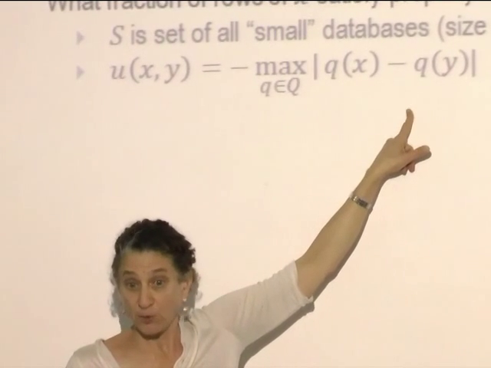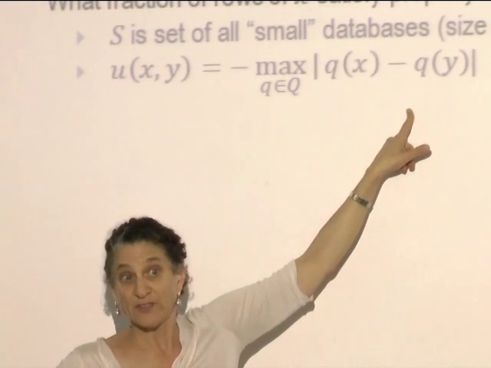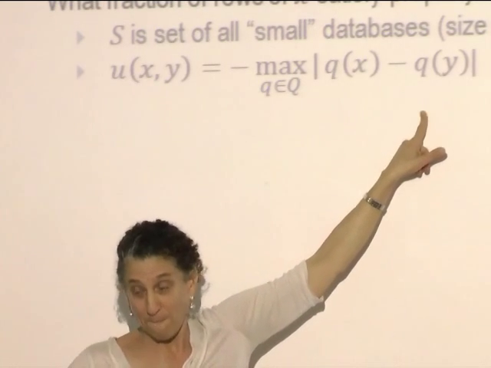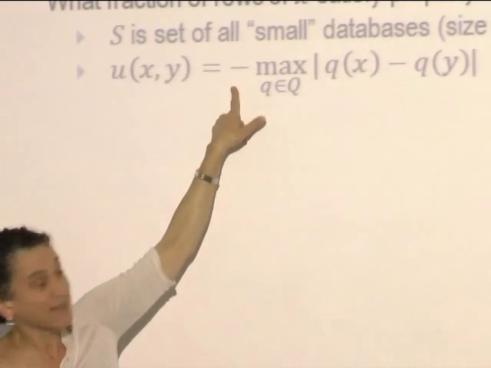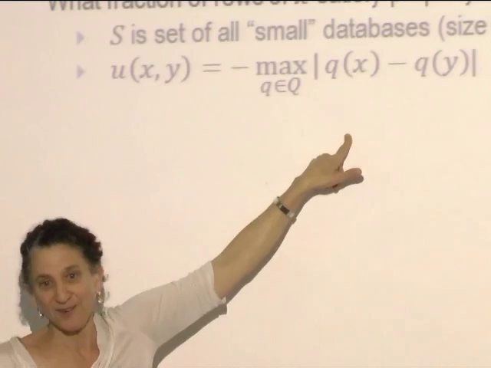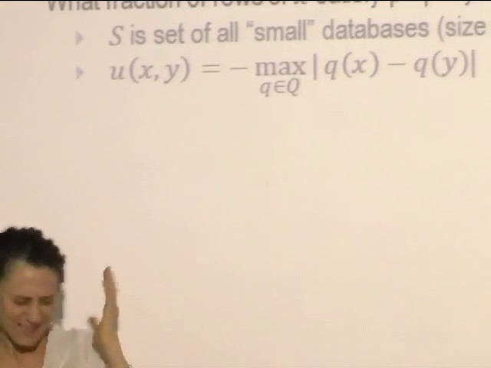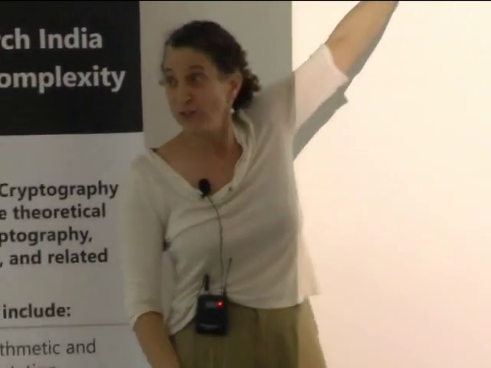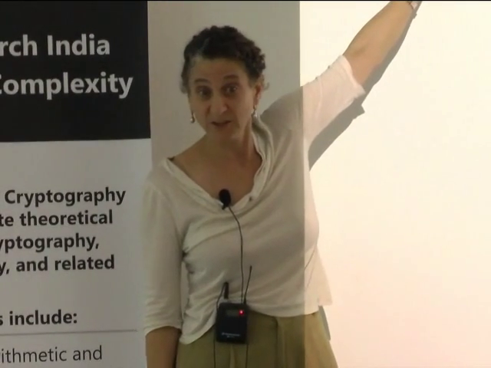Now, utility is supposed to be a good thing. So we want to put a minus sign to turn the error into a good thing. I mean, does somebody understand what I mean? So if the error is big, the utility is bad. If the error is small, the utility is good. So that's why we have the minus sign there. So that's how we get our utilities.